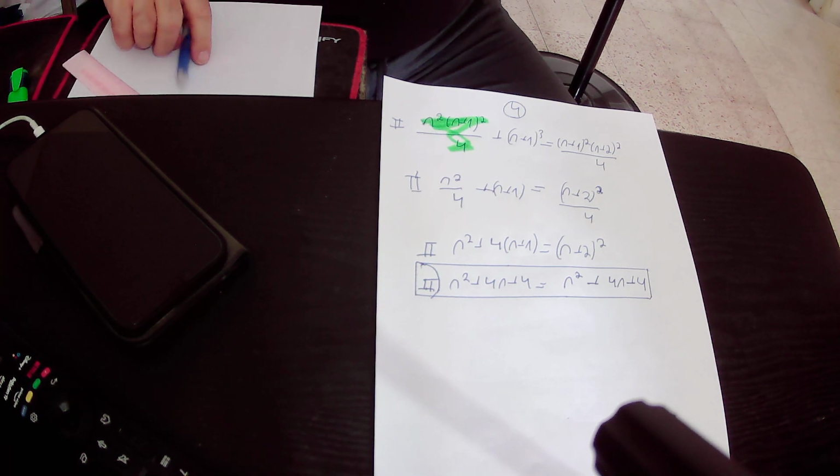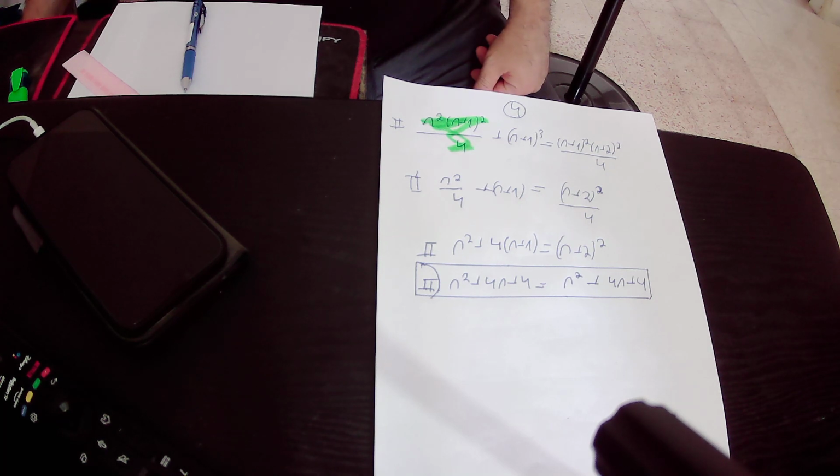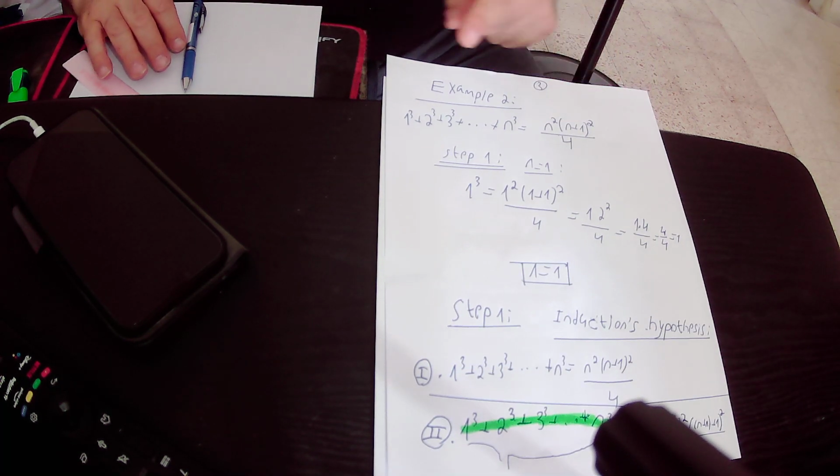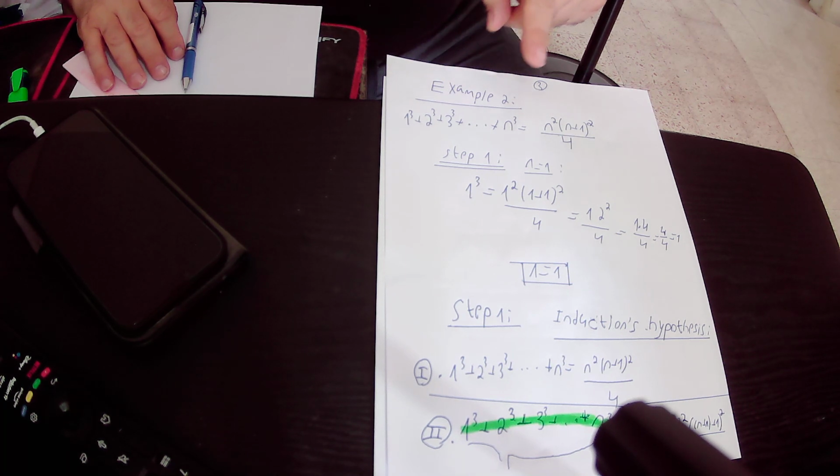Okay, so we actually proved that our expression is true for n plus 1. Our expression 1 to the power of 3 plus 2 to the power of 3 plus 3 to the power of 3 plus n to the power of 3 equals n squared times n plus 1 squared divided by 4.